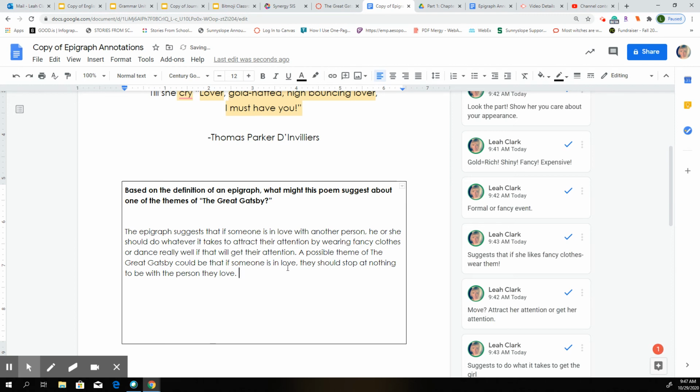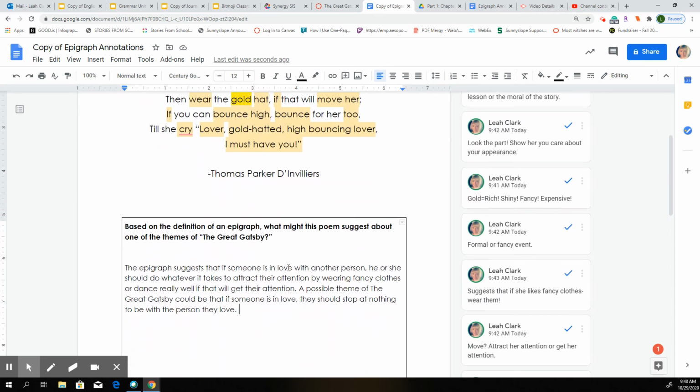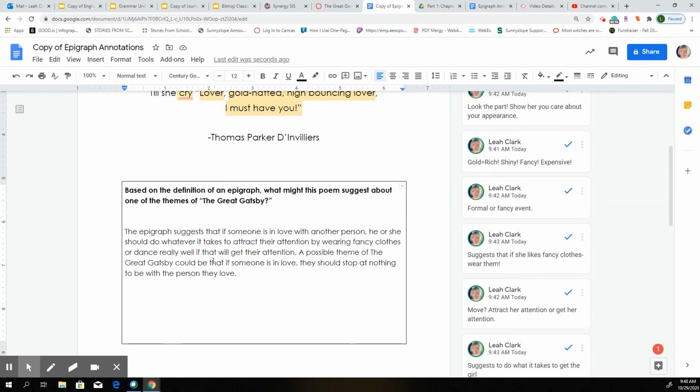So a possible theme of The Great Gatsby could be that if someone is in love, they should stop at nothing to be with the person they love. So I want you to notice that this little short answer, right? It touches upon the idea of epigraph, right? We've used that definition. We've asked ourselves what it suggests. It suggests that if someone is in love with another person, he or she should do whatever it takes to attract their attention by wearing fancy clothes or dancing really well if that will get their attention.